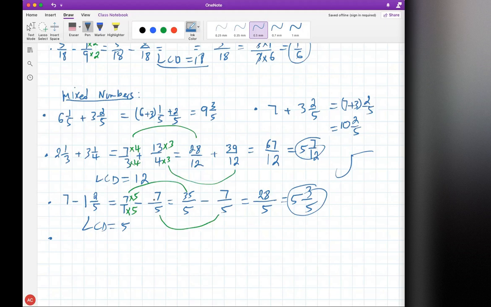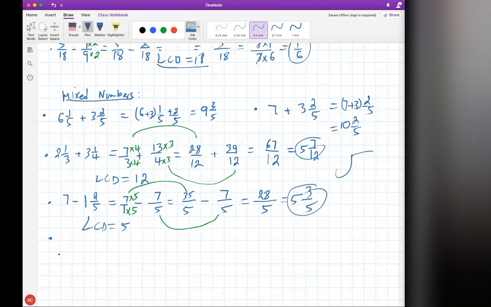The LCD for 1 and 5 is 5. So we wanted to turn the fractions into new fractions, both with 5. This one already has 5, it stayed the same, but we had to turn this one. You had 7 over 1. To turn 1 into 5, we multiplied it by 5. That's why 7 is also multiplied by 5. Okay, I got it.